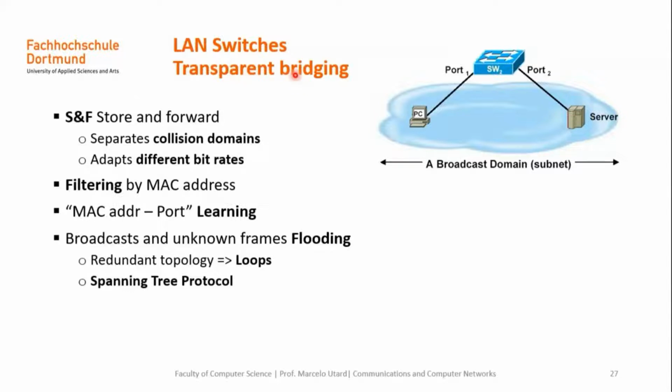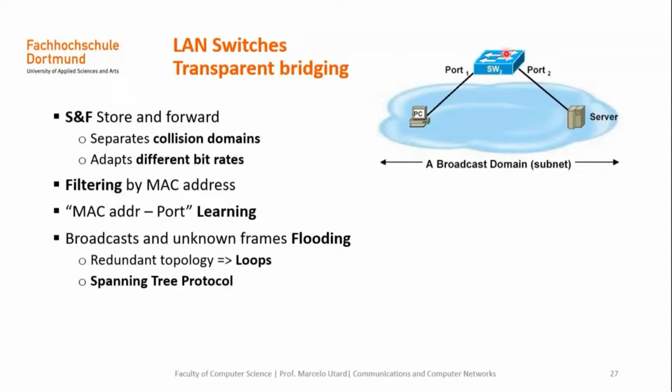That is, the end systems exchange frames, and they are not aware of this device. They don't need to configure any kind of parameter in each end system in order to use this device. This is transparent like a repeating hub.